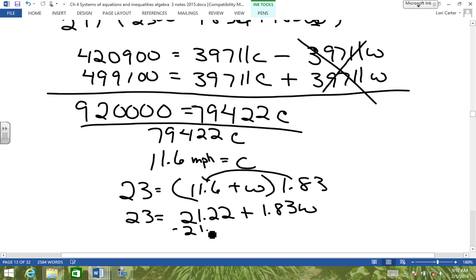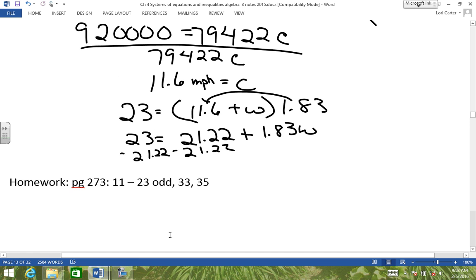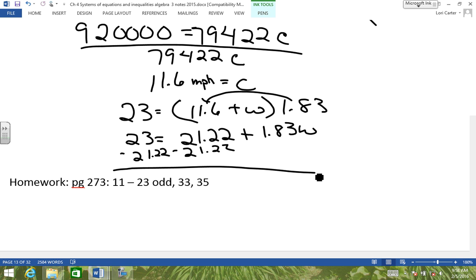Subtract the 21.22 and what do I get? What is it? 1.78? 1.78.